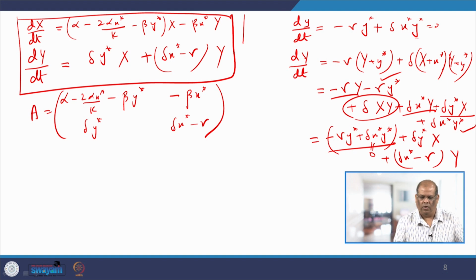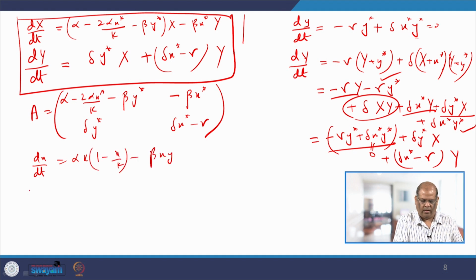Now, what I am trying to show you here is that we have the original equation dx dt is equal to alpha x into 1 minus x by k, minus beta xy, and dy dt is equal to minus gamma y plus delta xy.